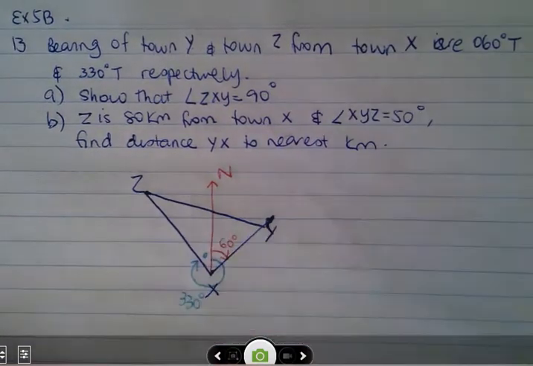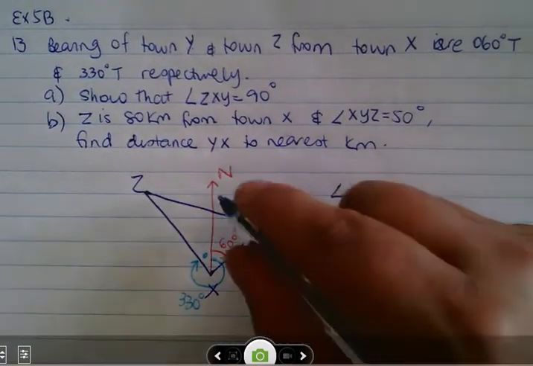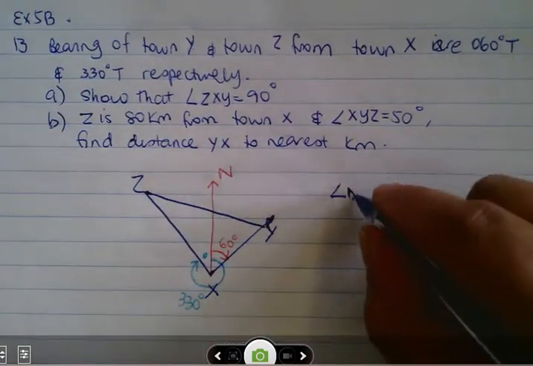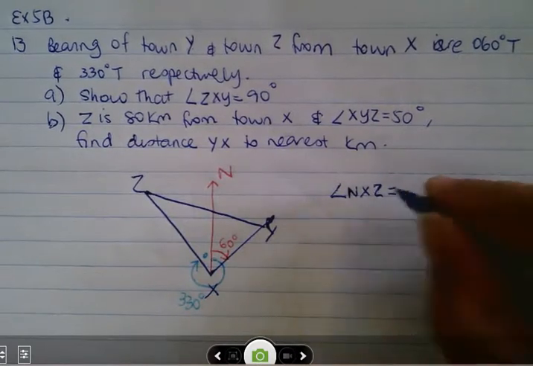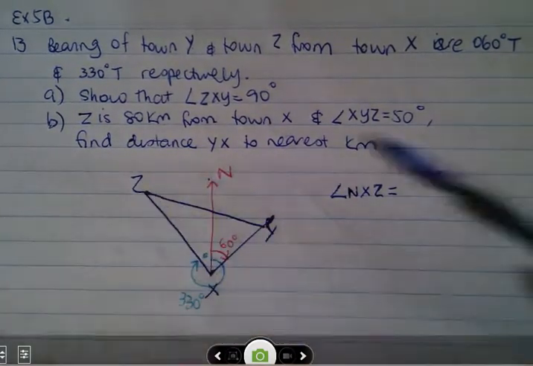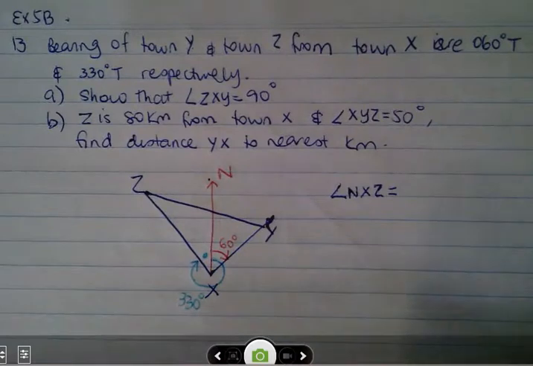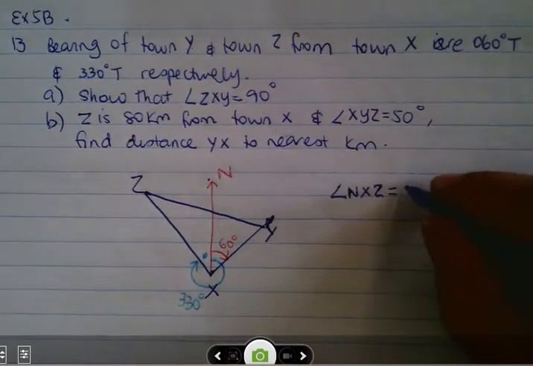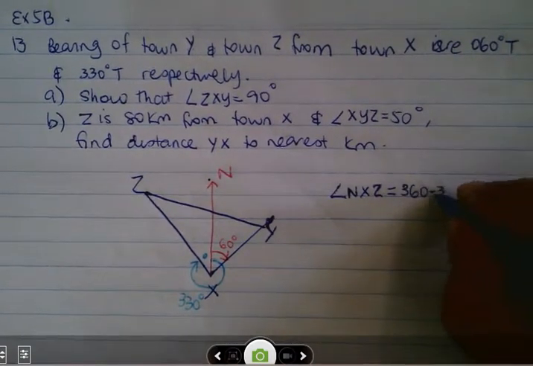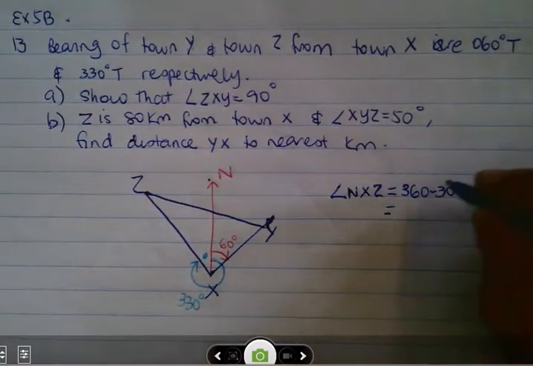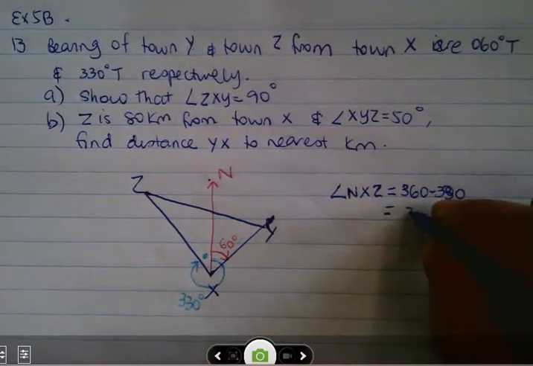This one, the dot. I'm going to call the dot angle NXZ. Angle NXZ is north XZ. What's that angle? 30. How do you work it out? 360 minus 330, which is 30.